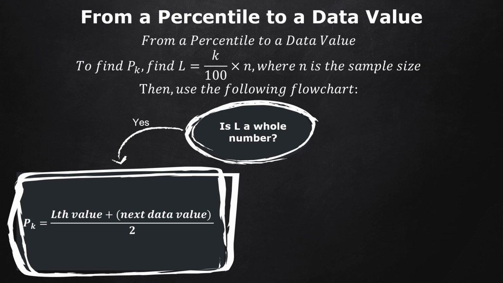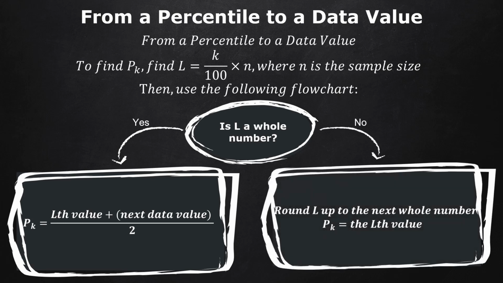Now, if it's not a whole number, then we round L up to the next whole number, and the kth percentile will be the Lth value. So, it sounds completely out of whack, right?